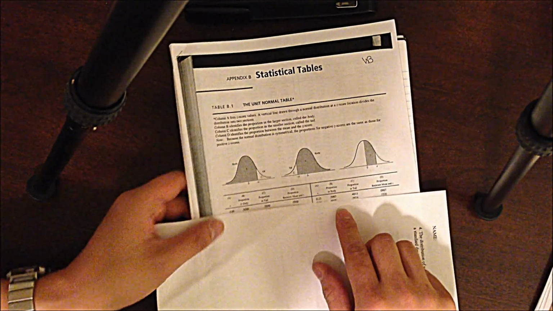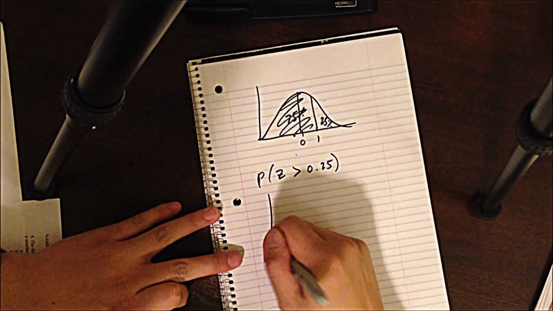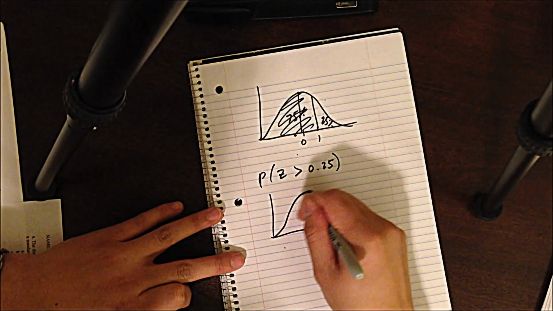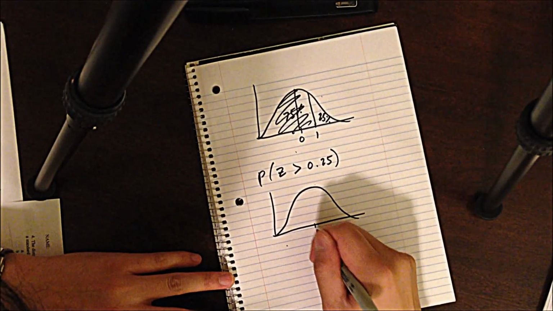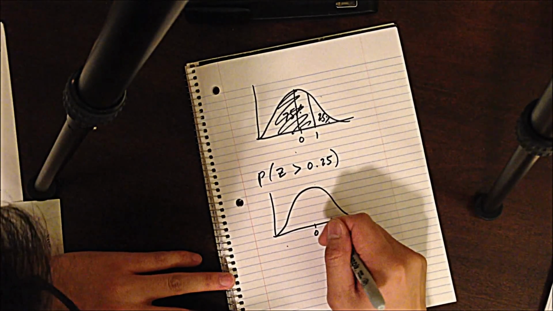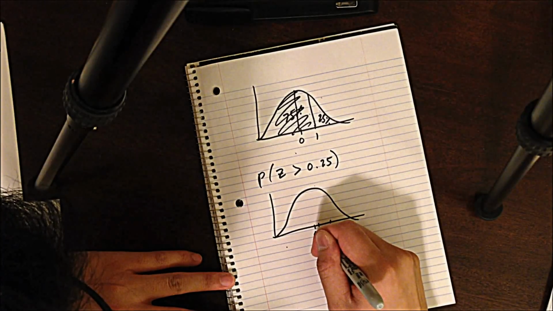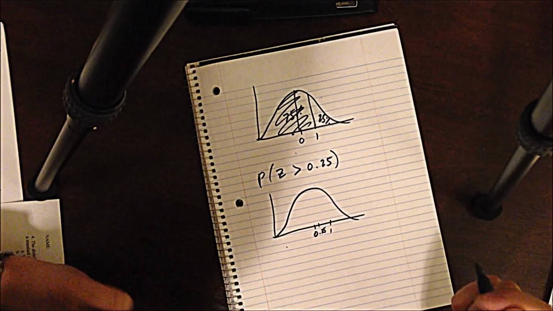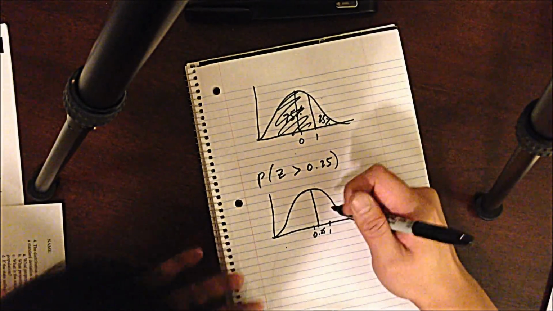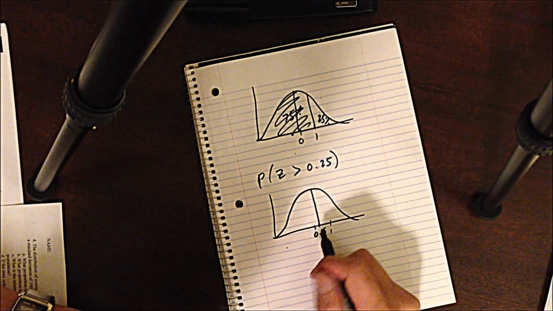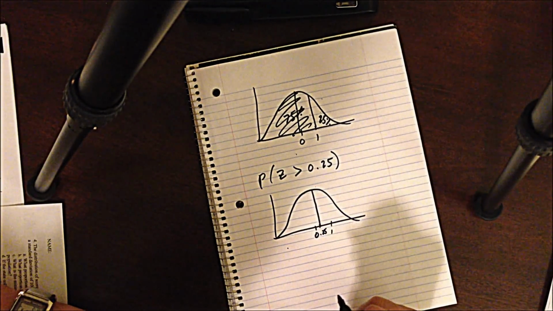Alright, so here it asks, what's the proportion of getting a Z-score greater than 0.25? So if we drew our normal curve, 0 is here, and if 1 was here, 0.25 would be a quarter of the way here, right? Sorry, it's a little hard to see. So automatically we know that it's a little bit to the right side of 50%.